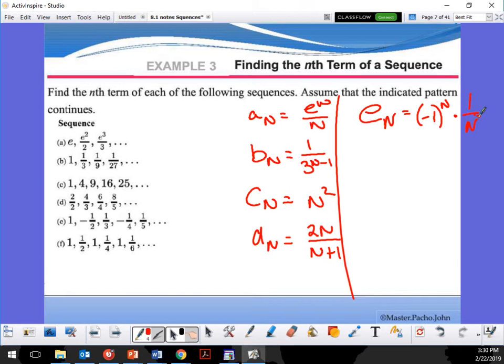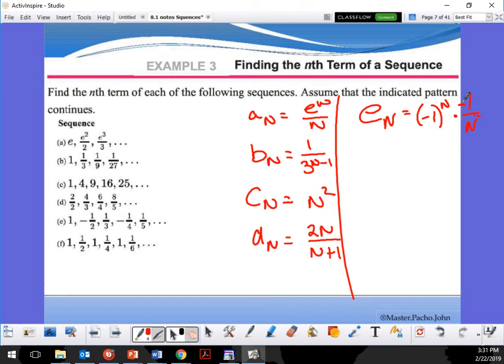Does that work? Did you check them? So 1, and then a negative 1 and 2. Shouldn't it be negative 1? So it should be a negative 1, right?